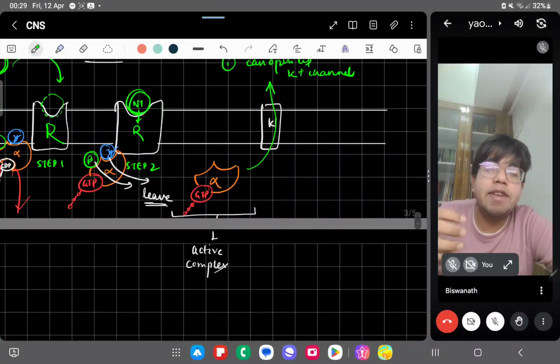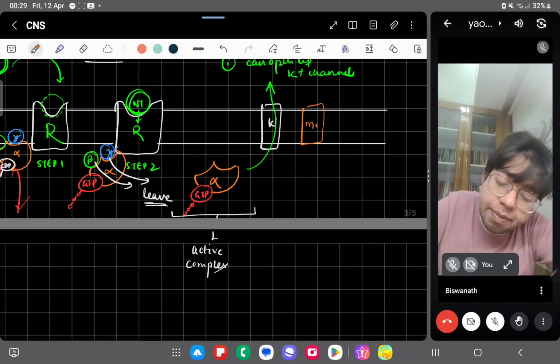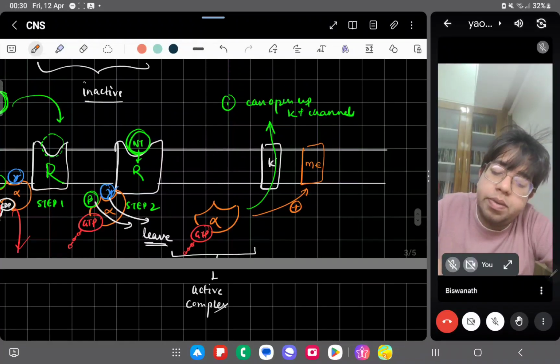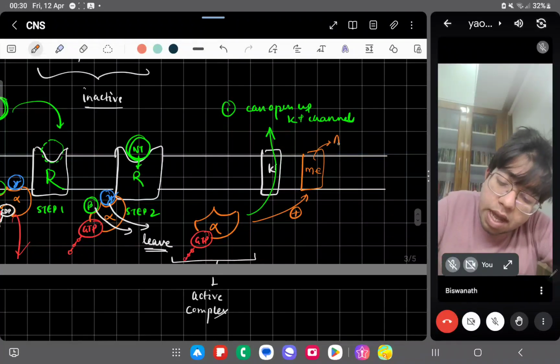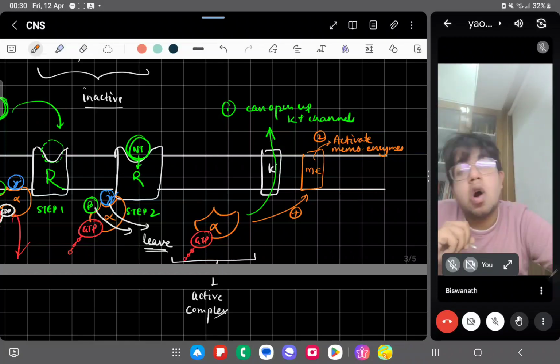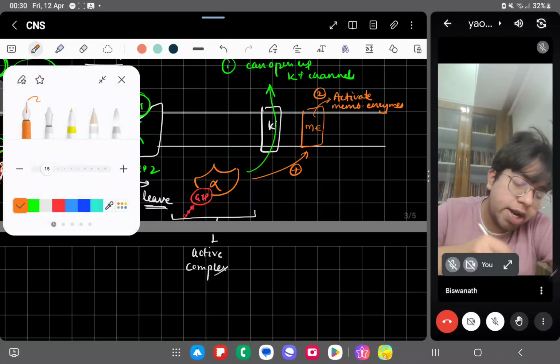Secondly, it can activate some enzymes. Let's say we have a membrane enzyme, I'm writing ME. So the second function is to activate membrane enzymes, or the third function, it can activate the intracellular enzymes.